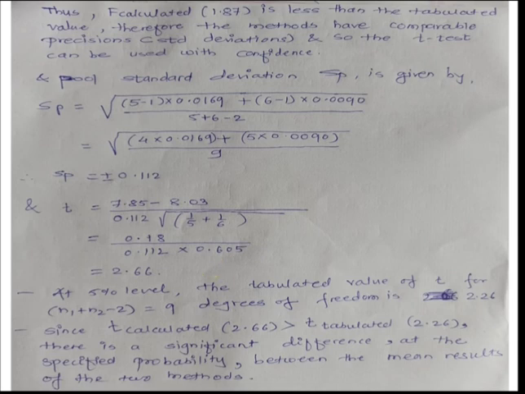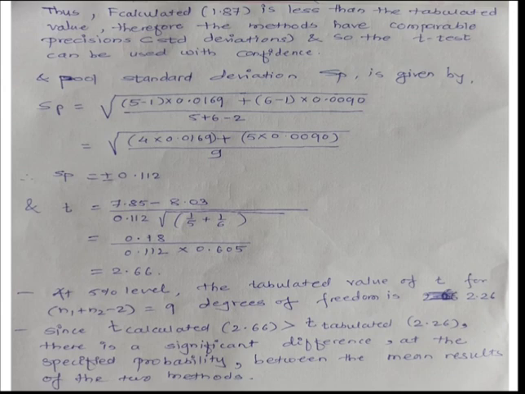At 5% level, the tabulated value of t for n1 plus n2 minus 2, which is equal to 9 degrees of freedom. See, n1 value is 5, n2 value is 6. 5 plus 6 is equal to 11, 11 minus 2 is equal to 9. Now, for 9 degrees of freedom, the t value given in the t table is 2.26. Same as we have seen for the F value, you can see the t value in the t table for 9 degrees of freedom.